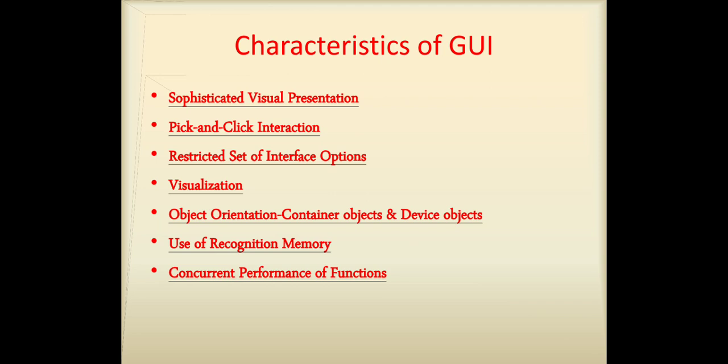Concurrent performance of functions. So, graphical systems may do two or more things at one time. Multiple programs may run simultaneously. When a system is not busy on a primary task, it may process background tasks.